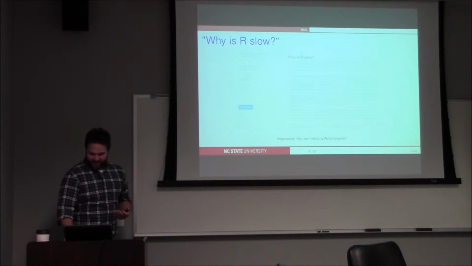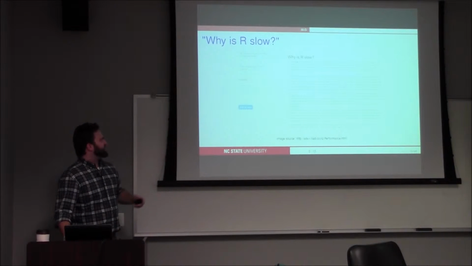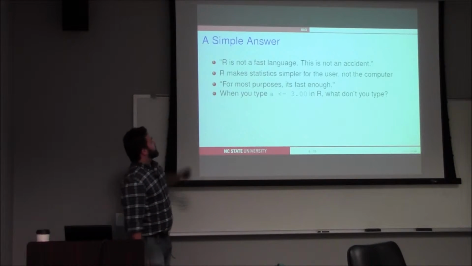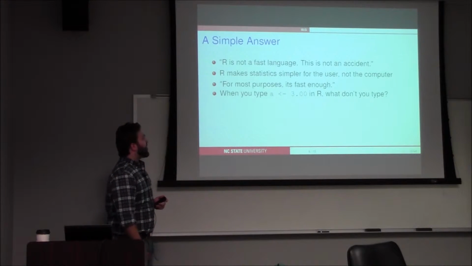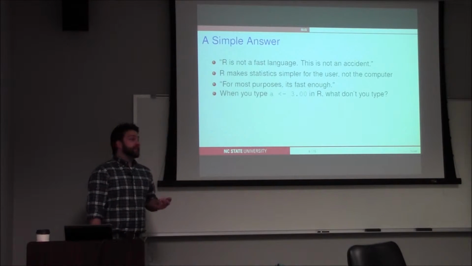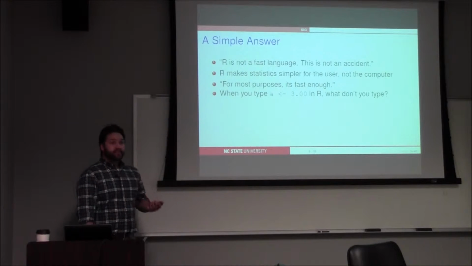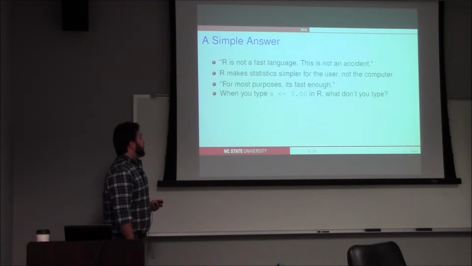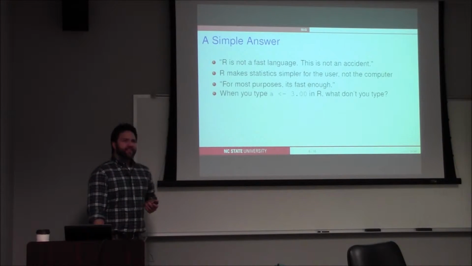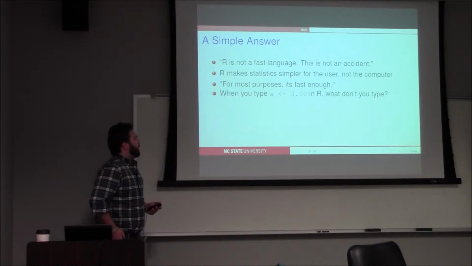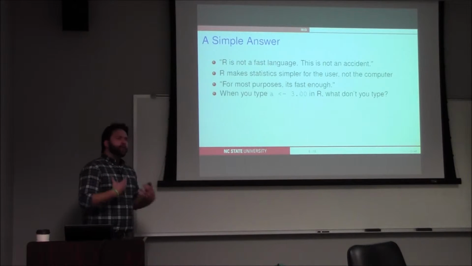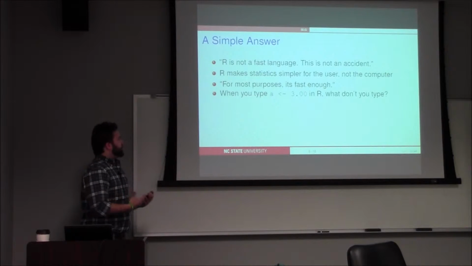And here in the performance section, we have all these links coming out of why it's slow. The very first sentence, I actually put right here on the slide: R is not a fast language. I know it does say at the end, this is not an accident. So this is an important thing to say as well. But at the end of the day, I thought that it was interesting. But why would we want to say these things?